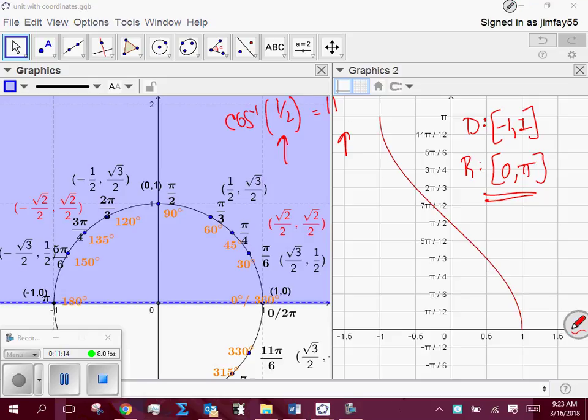Pi over 3. Okay? But if I'm over here, using the unit circle approach, I'm going to go find the x value of 1/2, because cosine is the x values, right? I find that, and now I work back to the angle or the arc length, and is it pi over 3? Yeah. Okay.